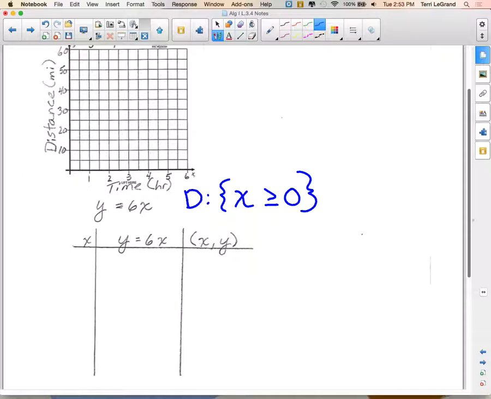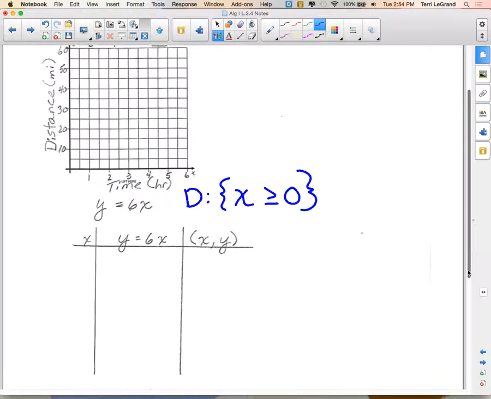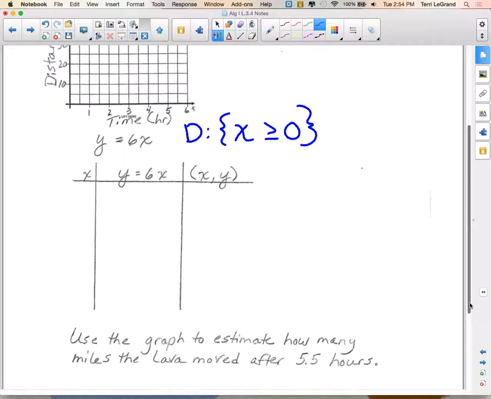Okay, and then when we're done graphing it, we'll be able to identify what seems to be a reasonable range for this also, right? Okay, so if that's our reasonable domain, we have to pick some x values that are in that actual domain. So why not start at 0? And then let's be lazy and just pick whole numbers.